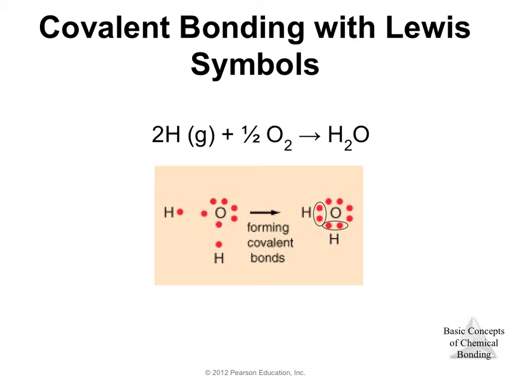So hydrogen in this case gets to hold on to its electrons and oxygen gets to hold on to his. So what happens is they get really close to each other and they hold hands basically. The way that we're going to show that is with this circle here. So inside this circle is a set of electrons. And with that set of electrons, oxygen now has 8 and hydrogen has 2, which it's happy with.